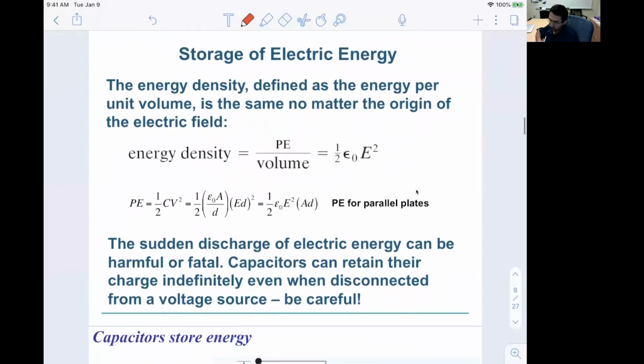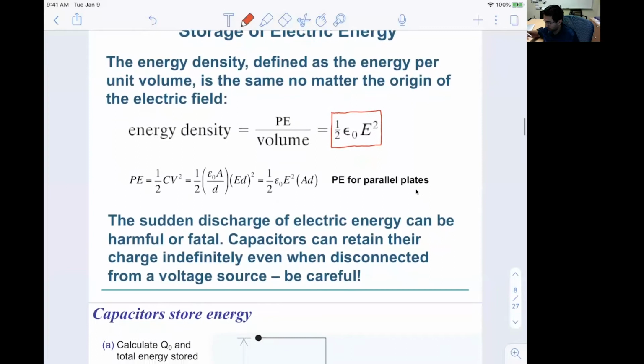And let's say in space you have a certain electric field. That means you have electrostatic energy in that space, and the energy density is given by 1/2 times epsilon naught times the square of the electric field.